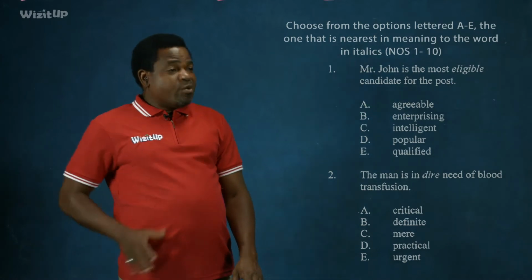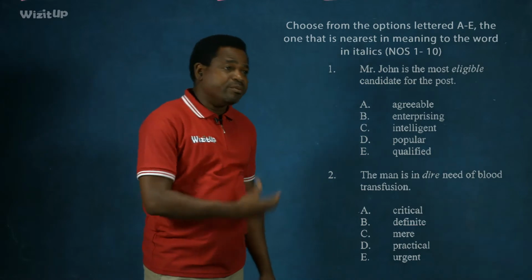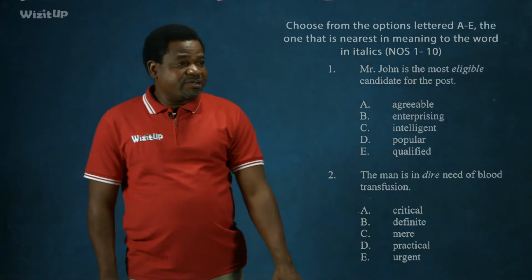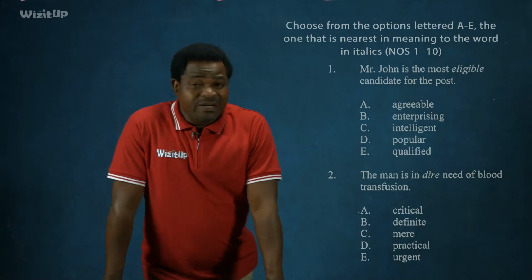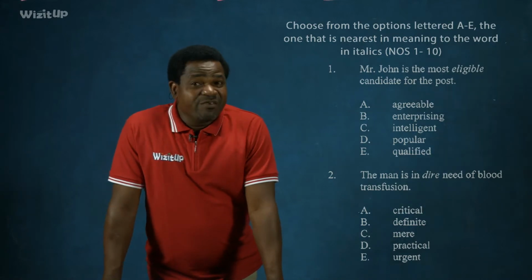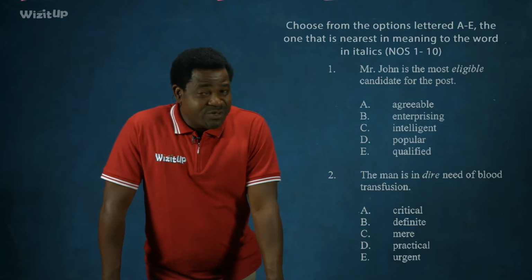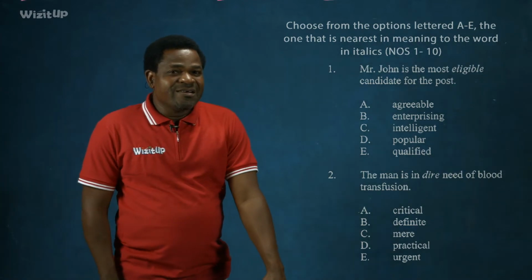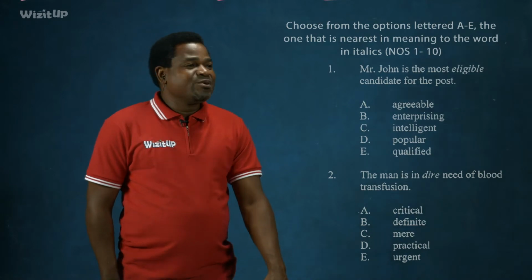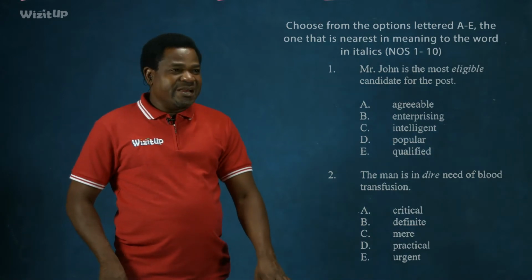So, you have the options: agreeable, enterprising, intelligent, popular, and then qualified. These 5 words, A to E, you're supposed to choose one of them that is nearest in meaning to the word eligible.